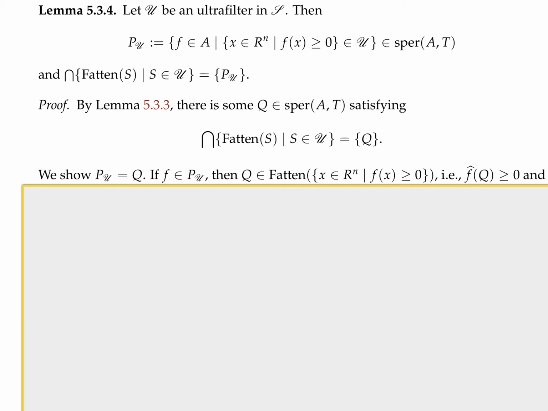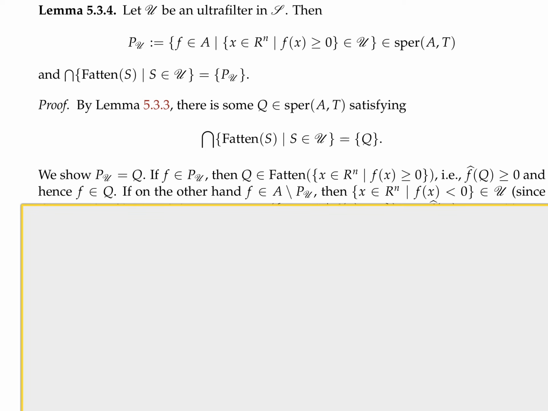Well, I know that's the set of all prime cones in the real spectrum of a pre-ordered ring AT, such that they satisfy also this inequality in some sense. So that means that f head of q is greater than or equal 0, and hence that means just f in q. So that was the inclusion from left to right.